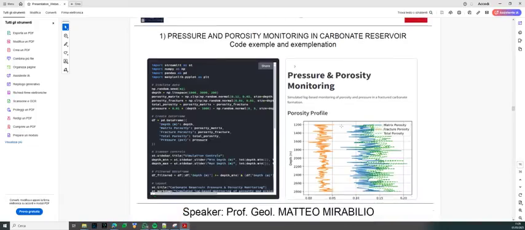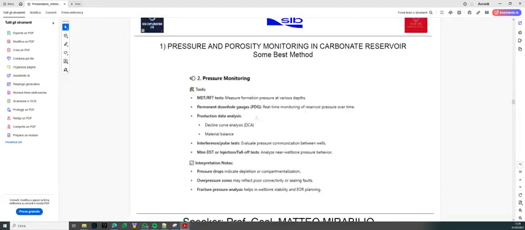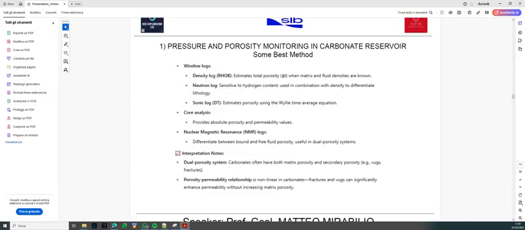Pressure and porosity monitoring. In this case, simulated logs, we show the coding that is involved in this kind of operation, which can be supported by logs, for example density logs and neutron logs, which are more sensitive, for example, to hydrogen content.